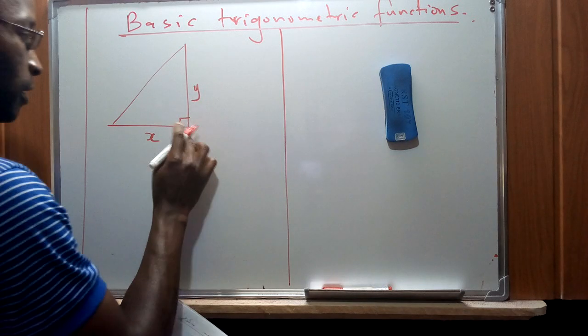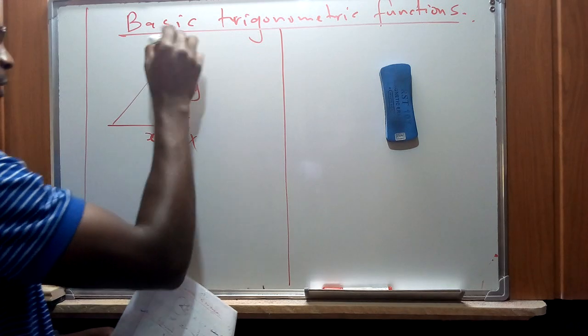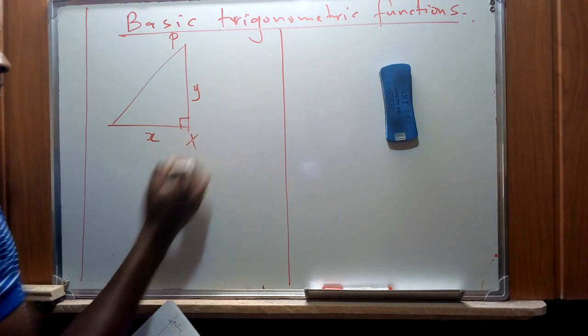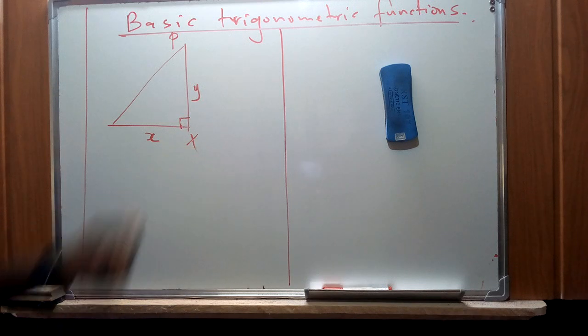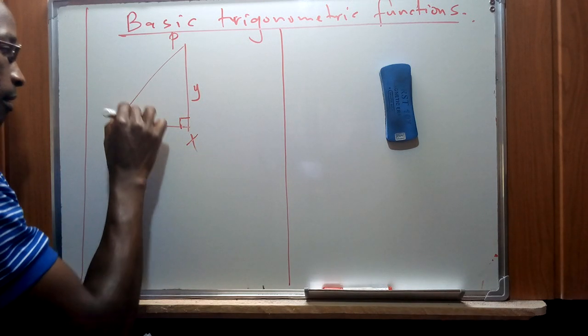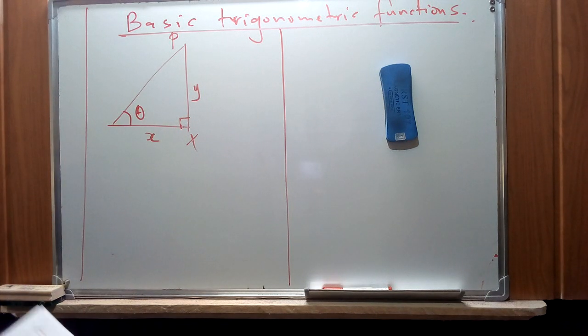Then we have point P with x at this point. There's a difference between the capital X and this x. This one refers to that distance, and there's an angle measure theta at that particular point.